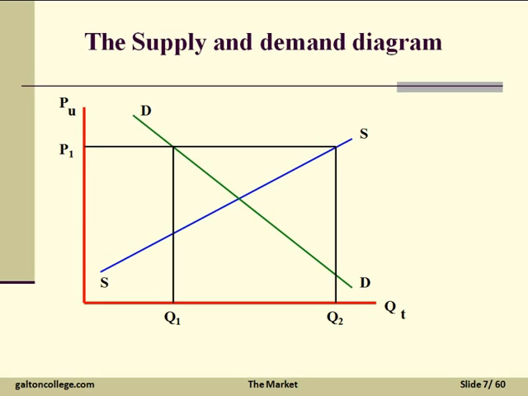In order to dispose of the extra production, they need to cut the price. So the price must fall from P1. Now the surplus production will therefore be reduced. As the price falls, the difference between what is demanded and what is supplied will be reduced.